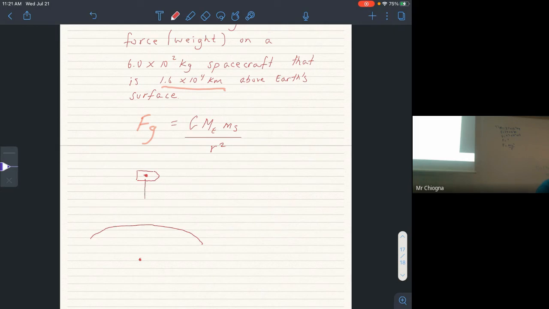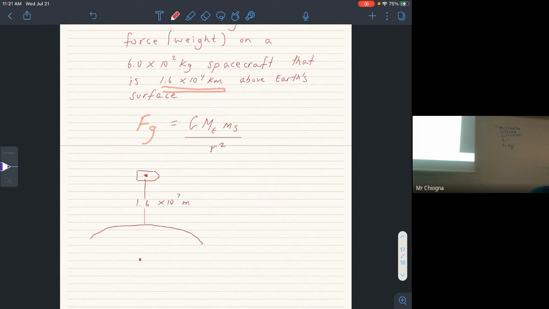What we're given is the height, 16,000 kilometers, which, to find it in meters, multiplied by 1,000. Just 16 million meters.